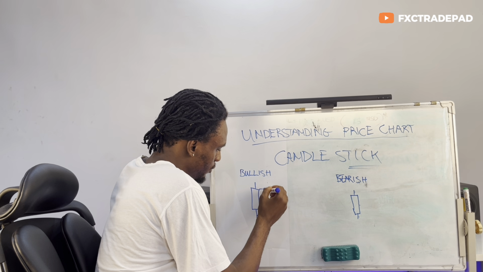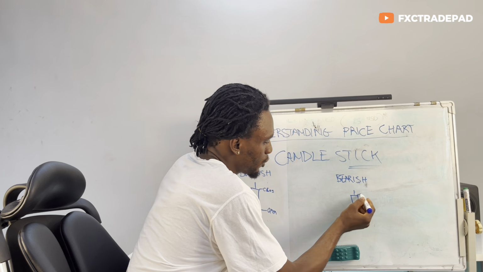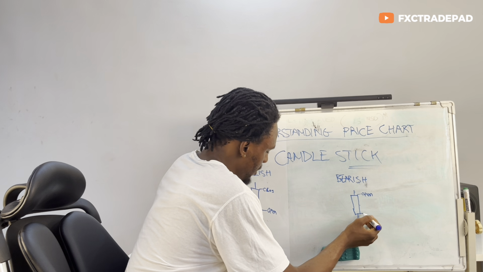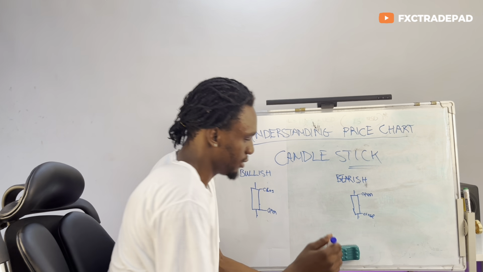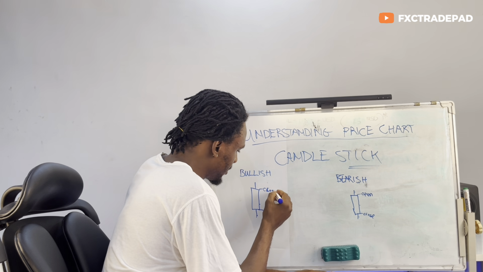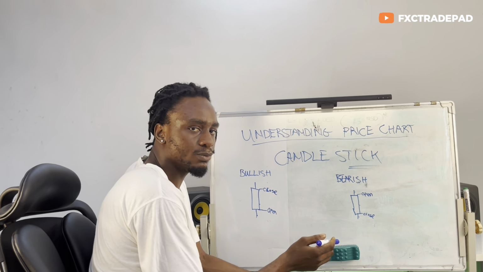Close. Now, on the bearish candle, price opens from the top and closes where? Below, at the bottom. All right? So this is the difference between the bullish and bearish candle.